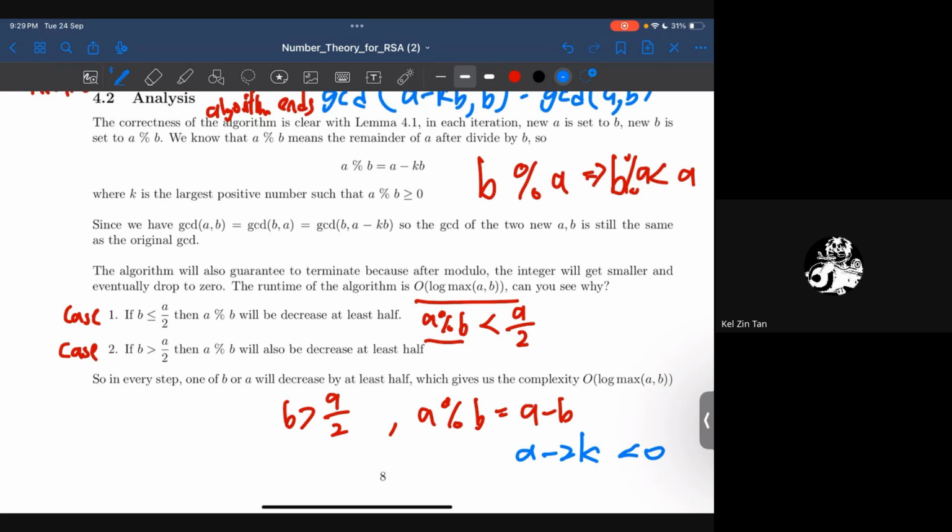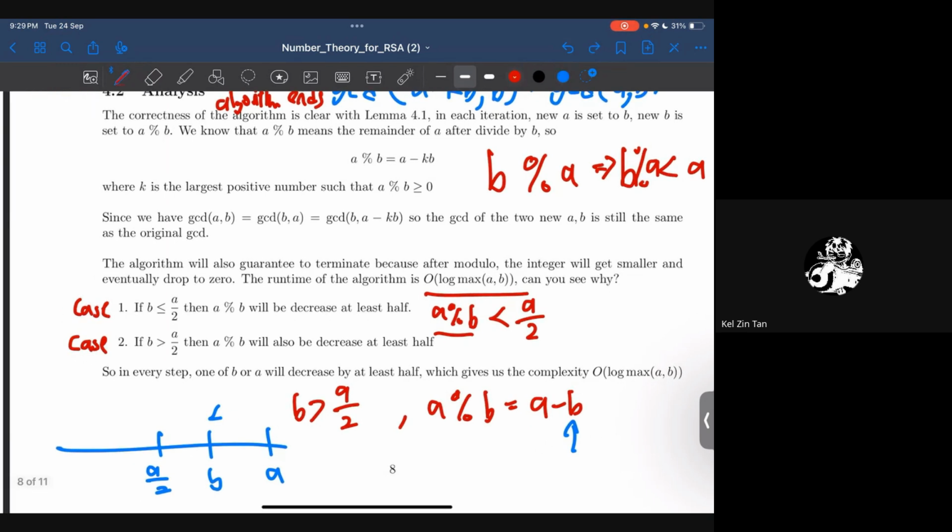So the largest number you can use is 1, which gives A minus B. If this is A divided by 2, this is B and this is A, then A minus B is at least twice shorter than the original length.